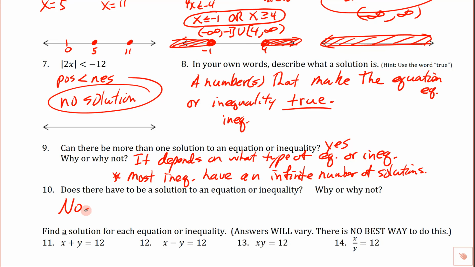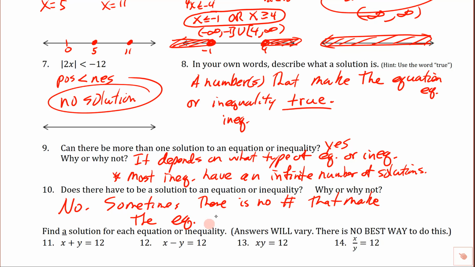So the answer on that one is no, and if we were to explain why, sometimes there is no number that makes the equation, EQ, or inequality, INEQ, true. There's just not one that you can plug in that makes that equation true.